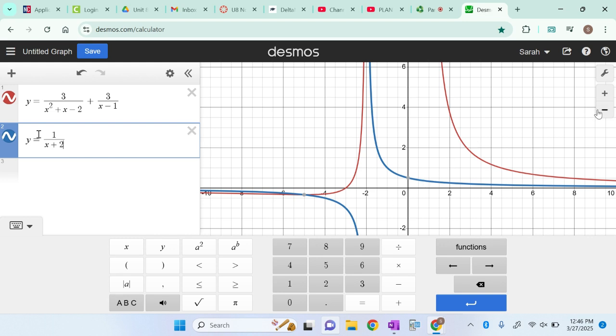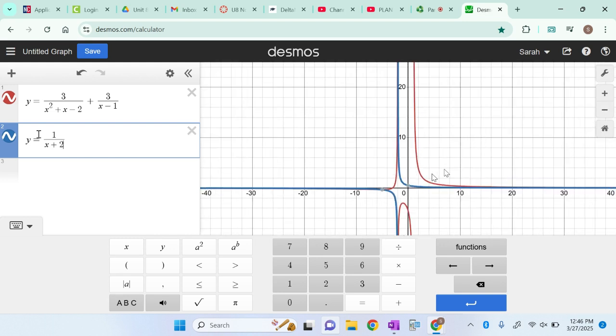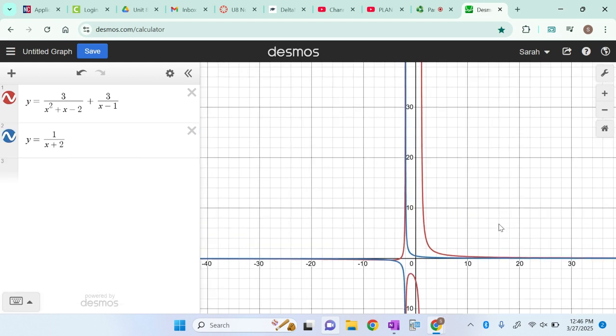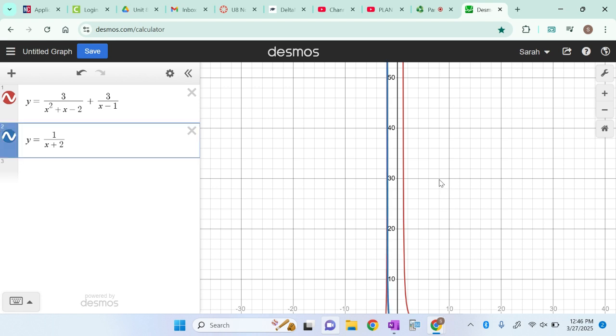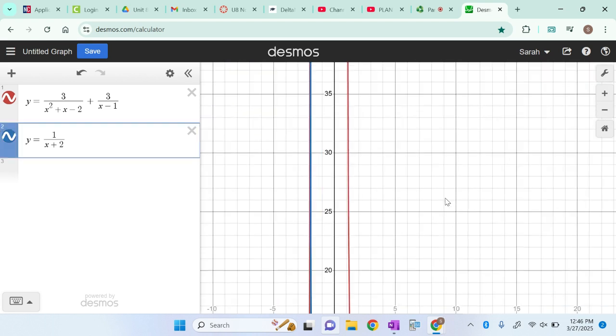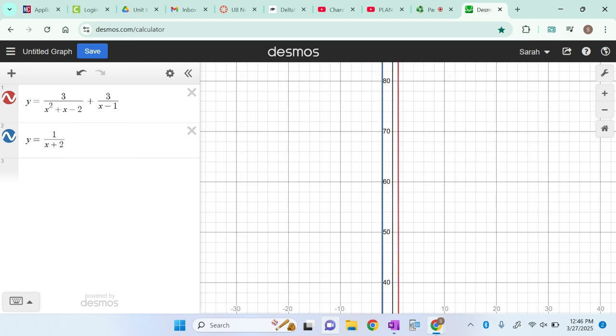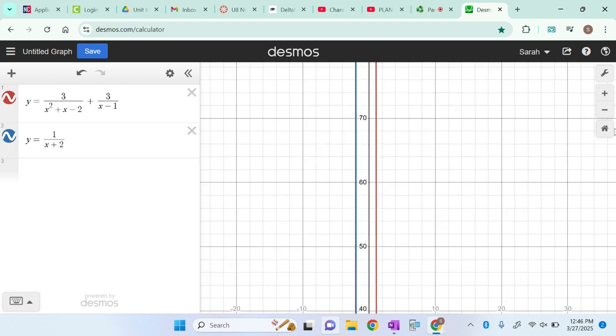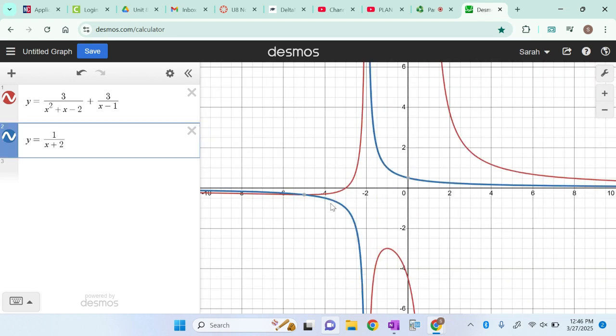And then I'm finding the point or points of intersection. Here's one of them at x is negative 5. I think there's another one up here. Nope, doesn't look like it crosses again. So there's only one point of intersection, and that is right here.